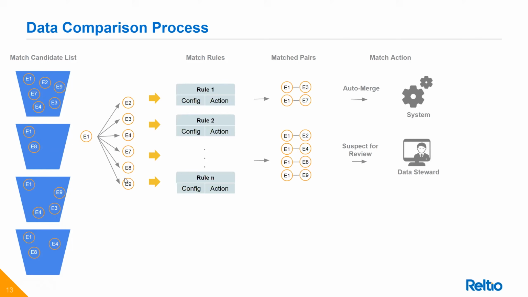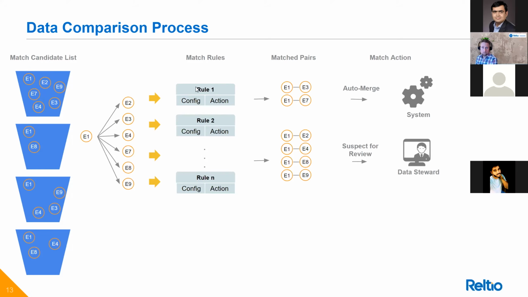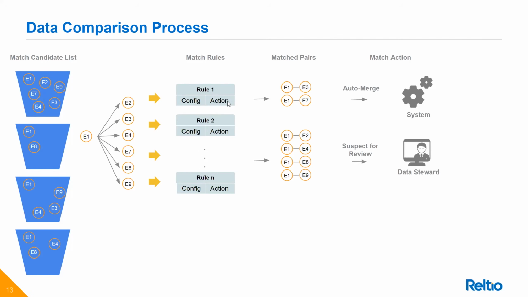So once this candidate list is created, now these are the multiple match rules that we have. There is no hierarchy in the match rules. All these match rules are triggered at once. So E1 and E2 will be picked first, or in whatever order, and then we will execute the matching for all the rules at the same time, right? Now, for every rule, like I mentioned earlier, there's an action associated with it.